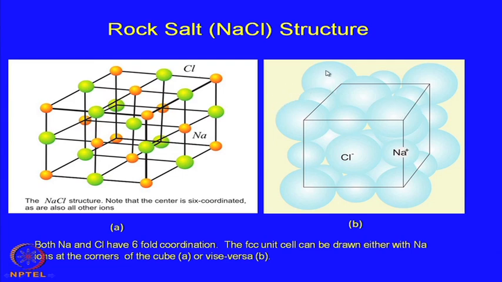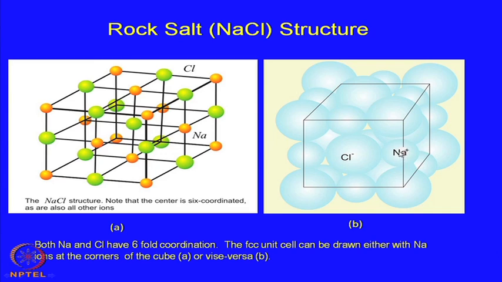This cube actually extends up to there, and this center and this center have to be joined. Okay. So, these are interstitial sites created by the arrangement of the chlorine ions. So, sodium sits in the interstitial sites, and if somebody calculates the radius ratio of sodium and chlorine, you will find it satisfies octahedral coordination.